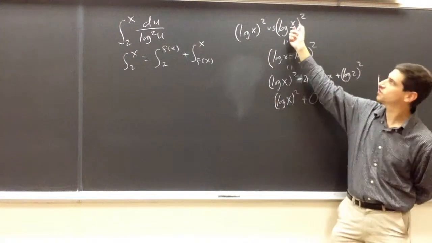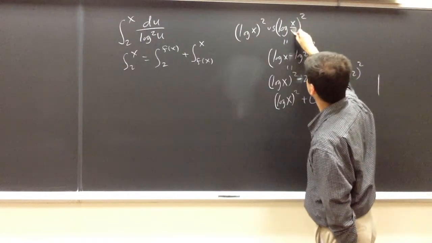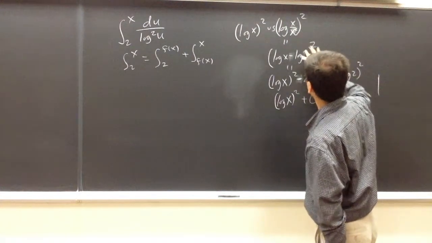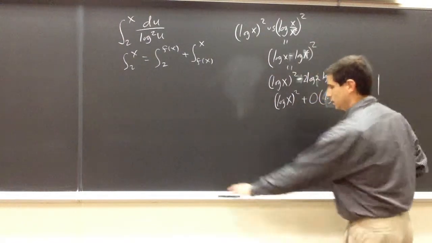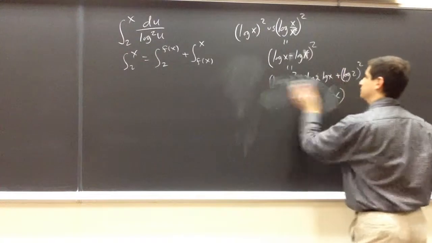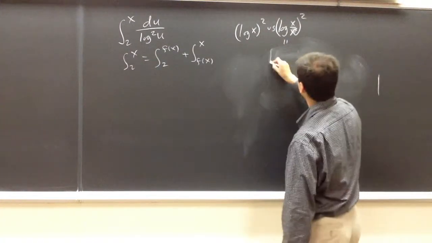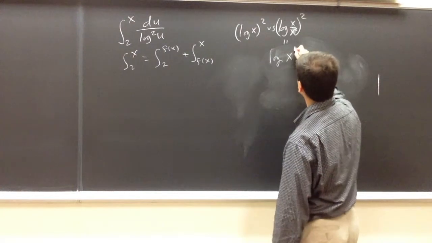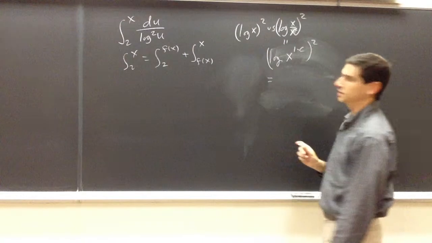What if we replace the 2 with x to the c? Well, a better way to start doing the analysis is now this is the log of x to the 1 minus c squared, right?